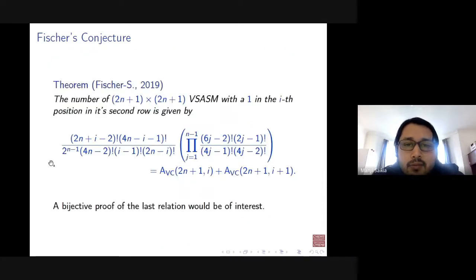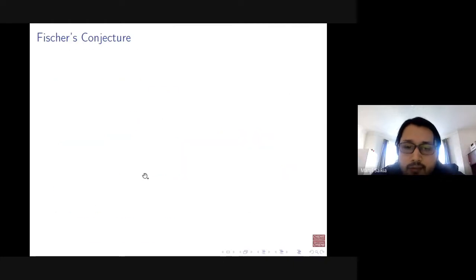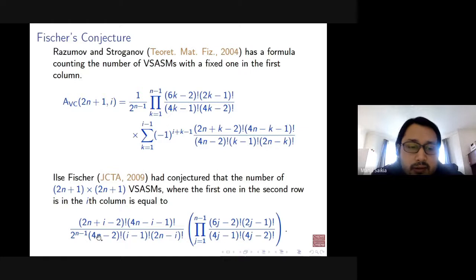So we were able to prove this formula, namely that the number of order 2n plus 1 vertically symmetric ASMs with a 1 in the ith position in the second row is given by this formula, which was conjectured by Fischer.